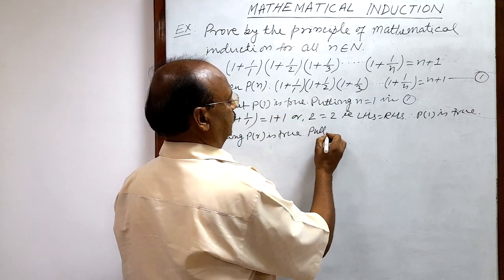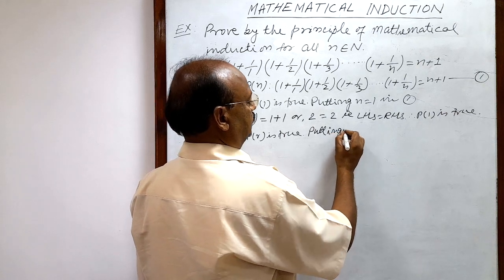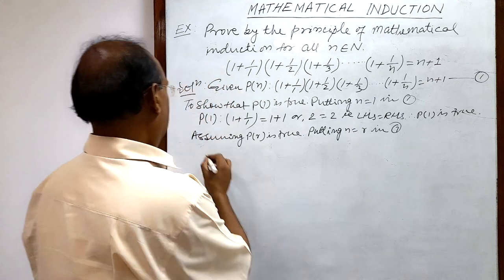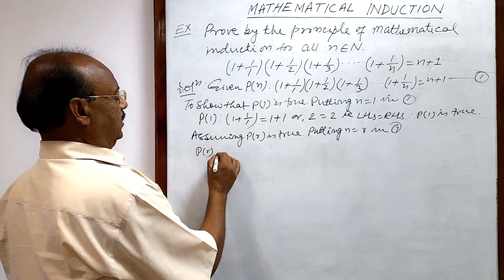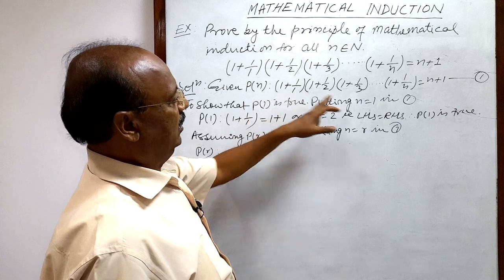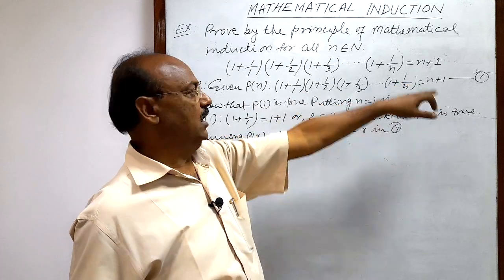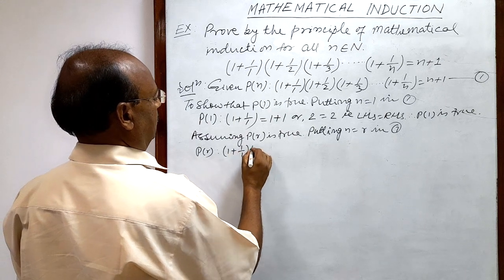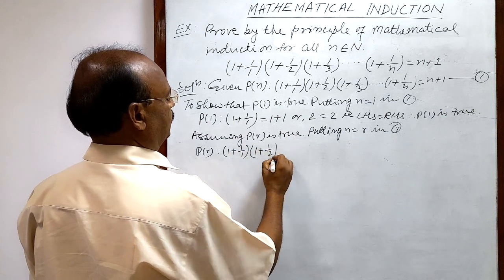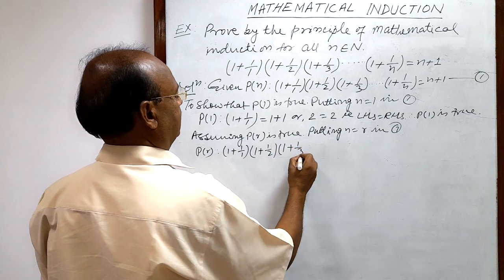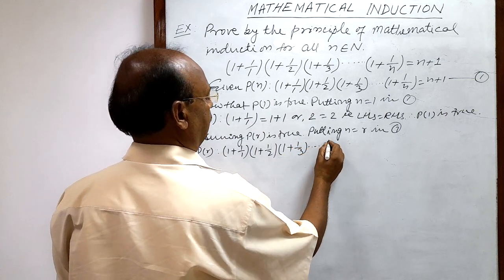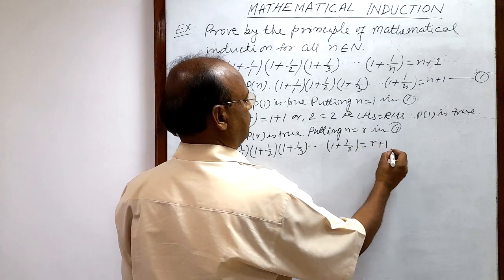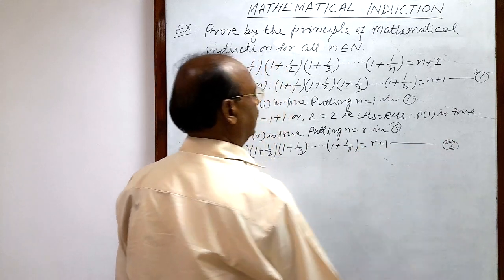So, in place of n, we put r. So, this is (1 + 1/1)(1 + 1/2)(1 + 1/3) up to (1 + 1/r), and this is r + 1. Call it relation number 2.